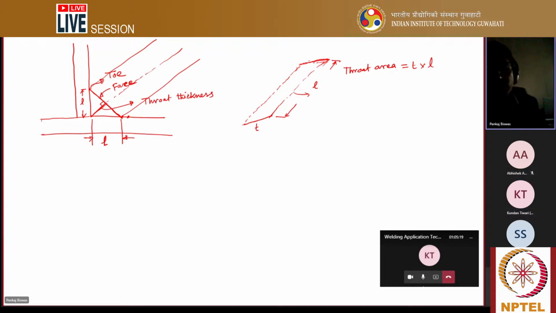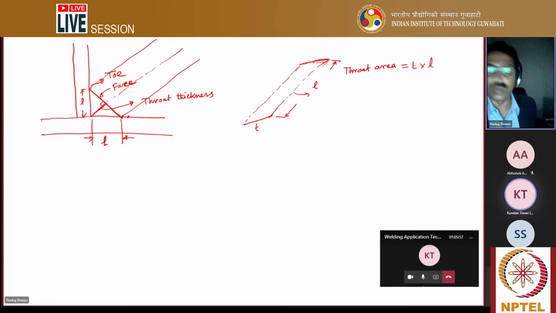Another thing I want to tell: there are different types of torches available, as I already told you. One thing you should keep in mind is that for a non-consumable electrode, it is better to use DCEN, direct polarity, also called straight polarity.